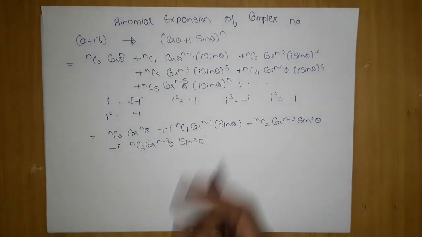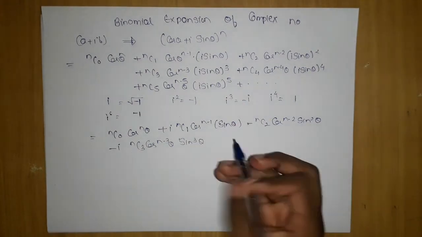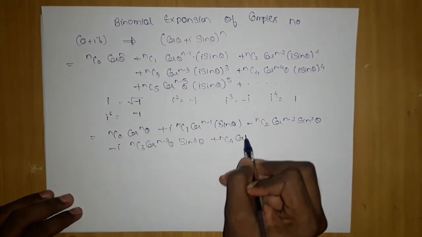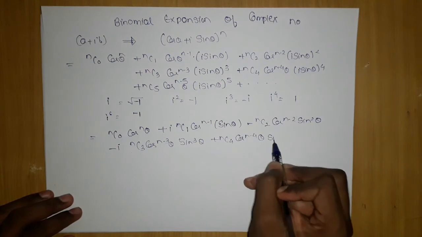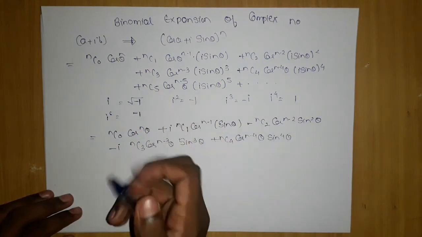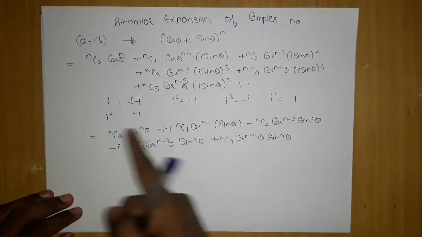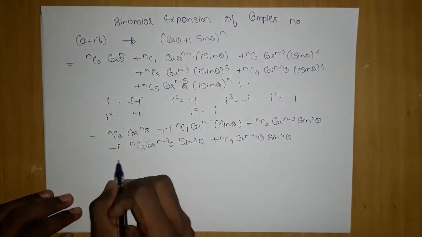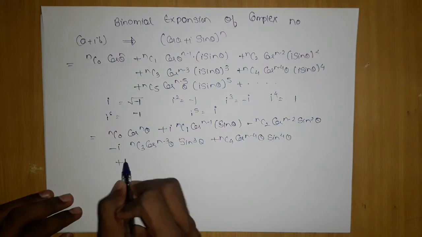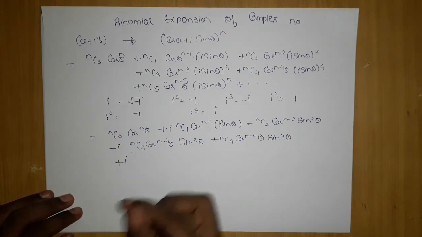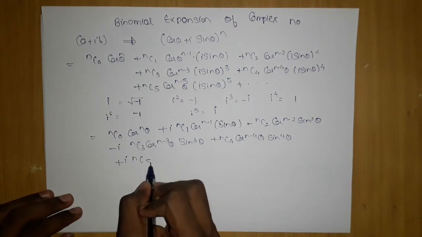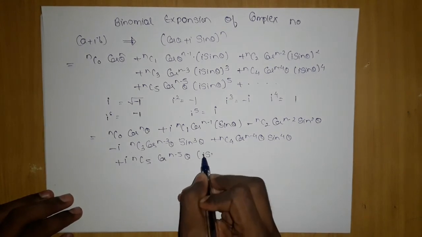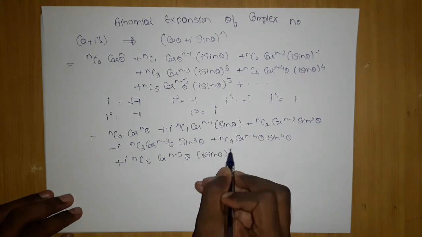Now iota power 4 will be 1, so we write it straightforwardly, nc4 cos power n minus 4 theta into sin power 4 theta. And here iota power 5 will be nothing but iota only, so it will be plus iota nc5 cos power n minus 5 theta into sin power 5 theta.